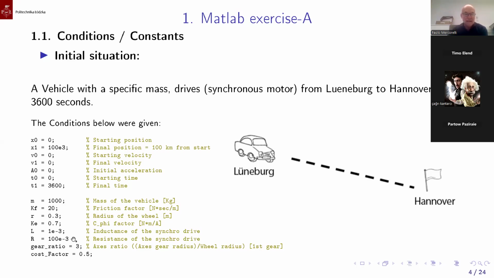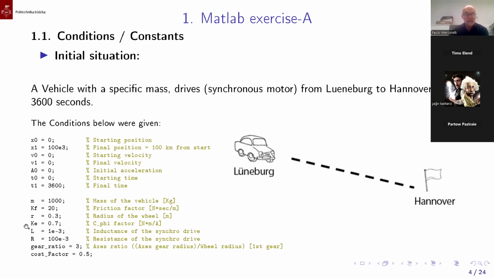We can see from these parameters that we are considering a linear system again as last time, because we characterize the friction just using a constant kf. Then it's interesting because I put in something more. We have the radius of the wheel.